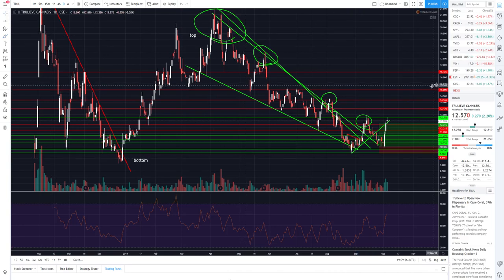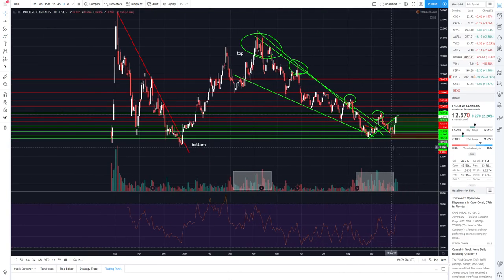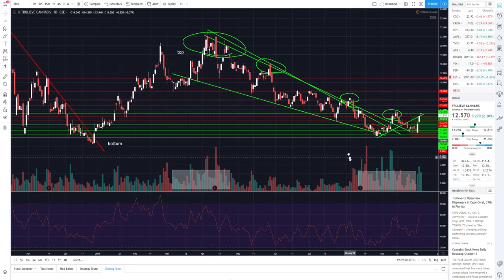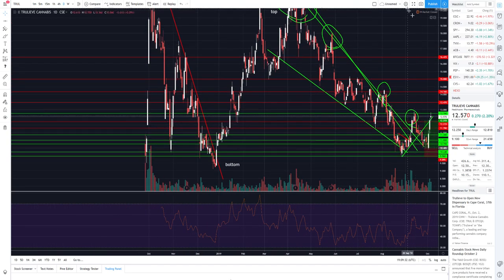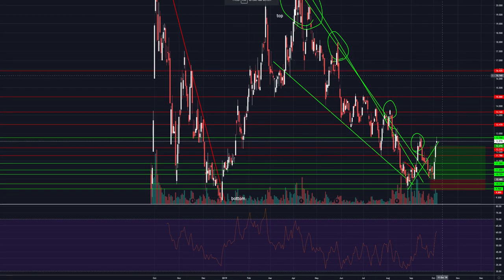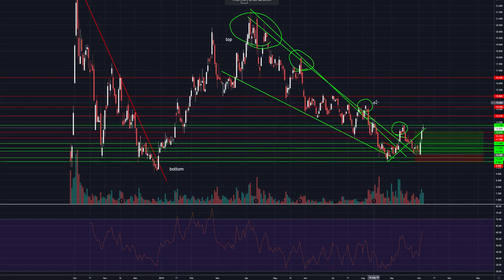So depending on your time frame, basically your time frame on this one, how long are you willing to hold? You can retest any one of these levels, but nothing goes up straight. Everything takes time.